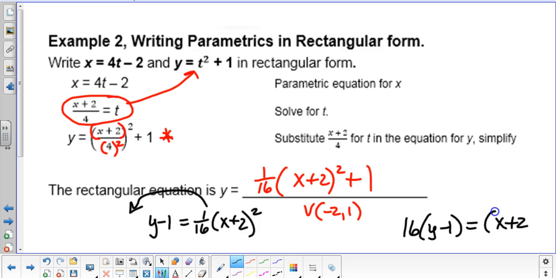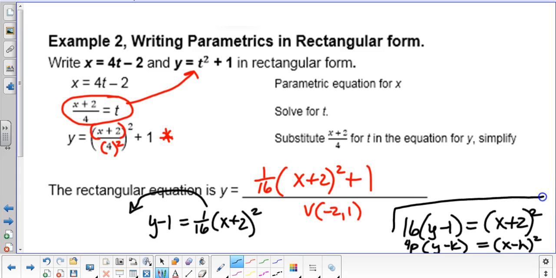Does that look like what we've been doing recently? This would be 4p times (y minus k) equals (x minus h) squared. So this form is also good. Does it have the same vertex? hk is still -2, 1, right? Everybody good?